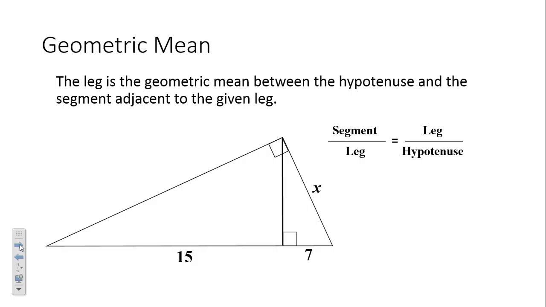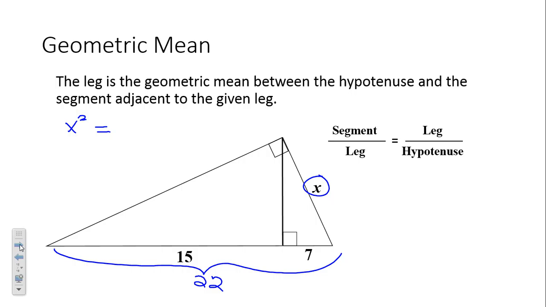The leg squared is the x squared, because this is the leg of the... And we have to add 15 plus 7, and we get 22. So x squared is equal to, which one's next to it?